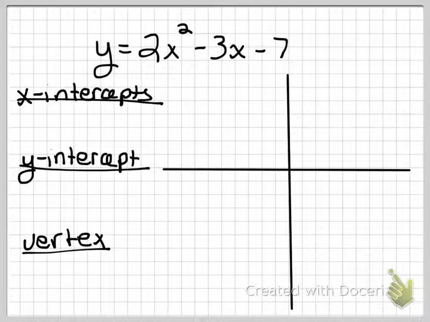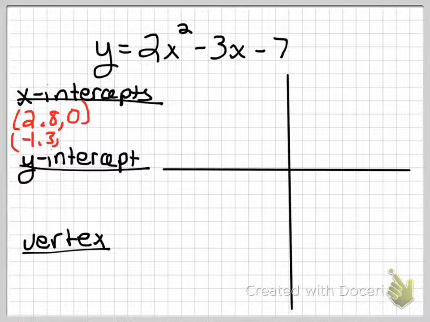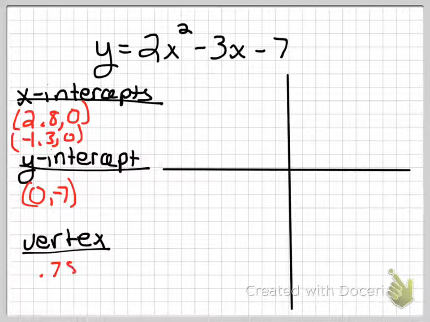So I know that my two x-intercepts are 2.8, 0 and negative 1.3, 0. My y-intercept was 0, negative 7. And my vertex is 0.75, negative 8.1.